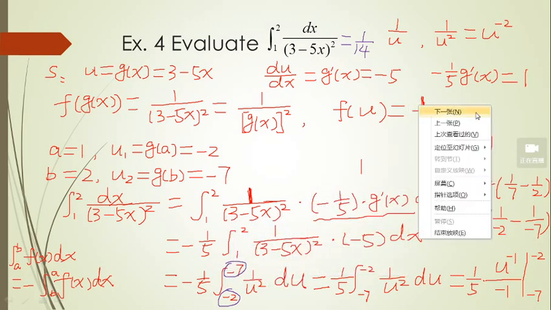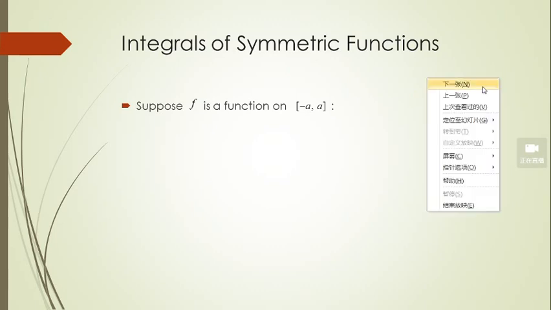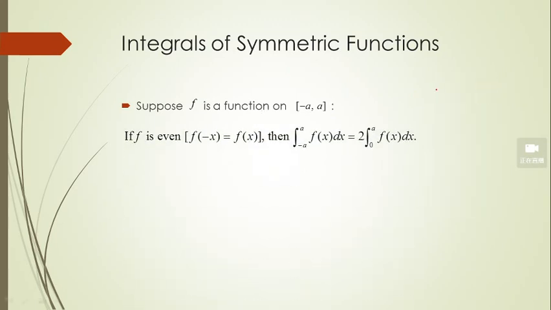Now let's check two important results, okay? The integrals of the symmetric functions. Suppose f is a function defined on minus a to a. If f is even, what does even mean? f(minus x) equals f(x) for every x defined on the domain.